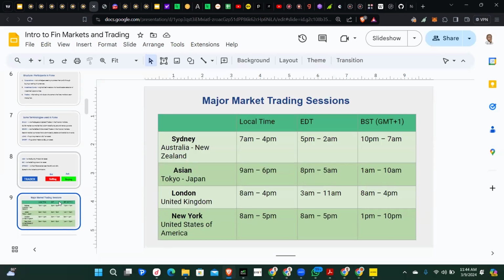Now let's look at what we call the trading sessions. So this is very, very important. You need to write this down and put it in a strategic place where you will be seeing it, because this is going to form the bedrock of most of your activity, especially as a currency trader.